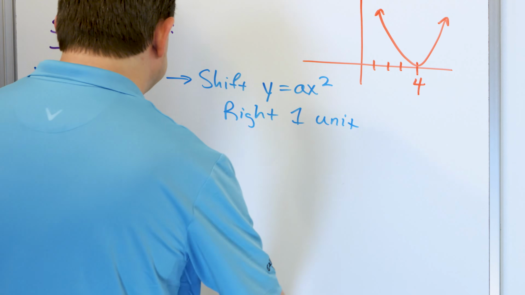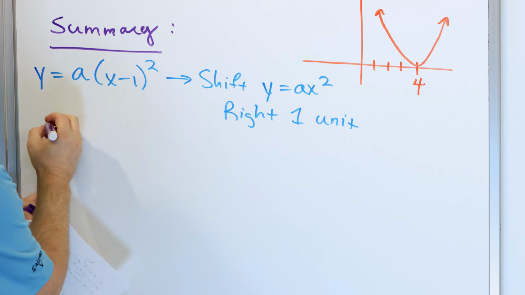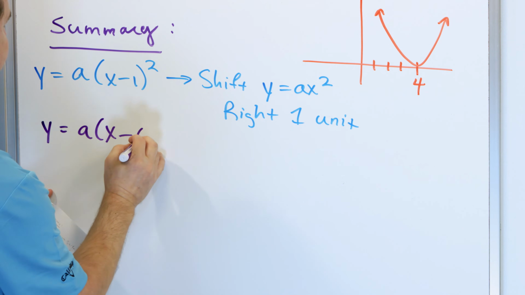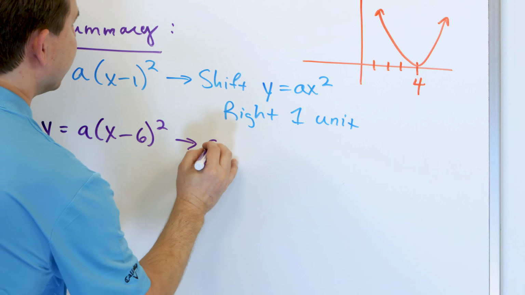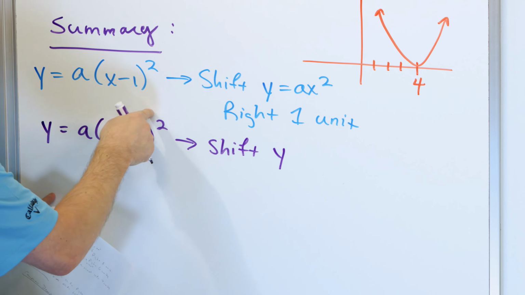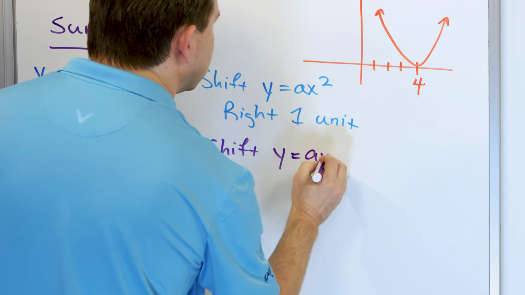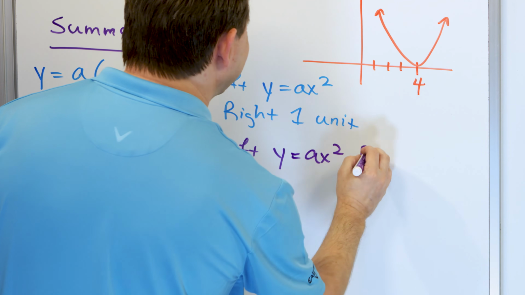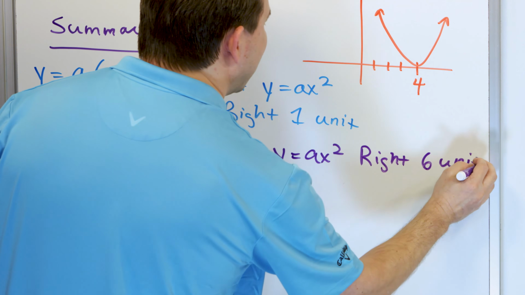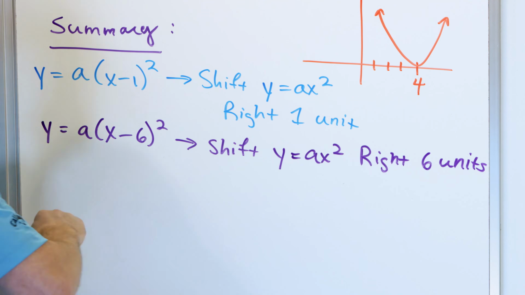Let's pick another one. If you have ax minus 6 quantity squared, you're going to shift the base equation, ax squared, right 6 units. Why 6 units? Because, of course, there's a 6 right there.